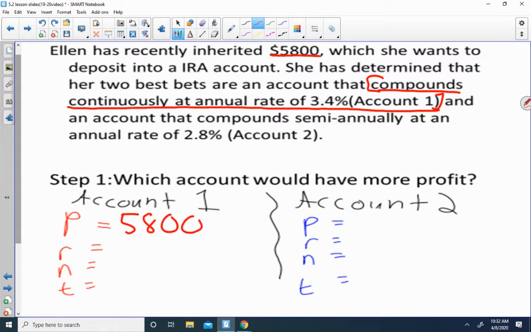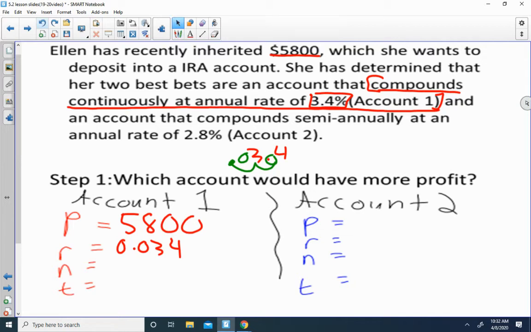Then the rate is 3.4%, but again, you have to write that as a decimal, which will make that 0.034. That's going to be the rate.